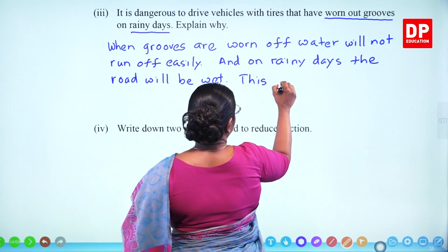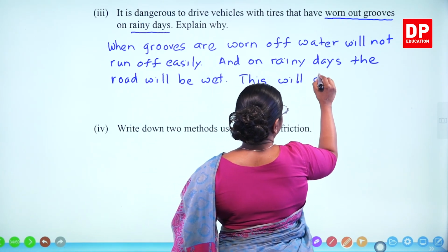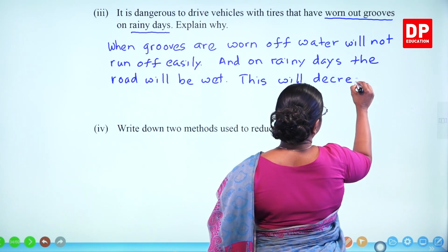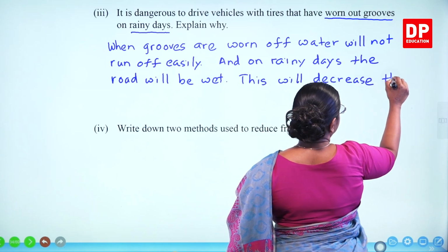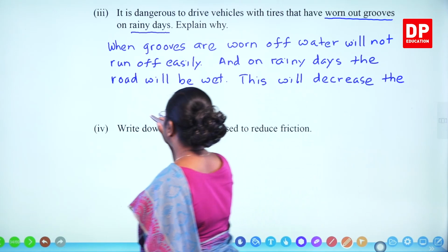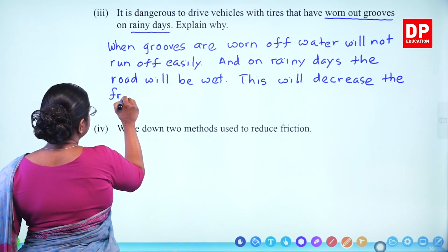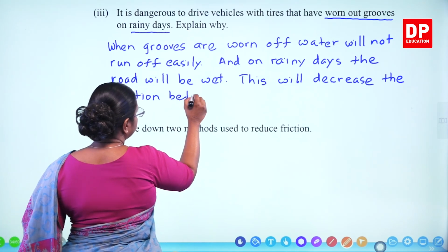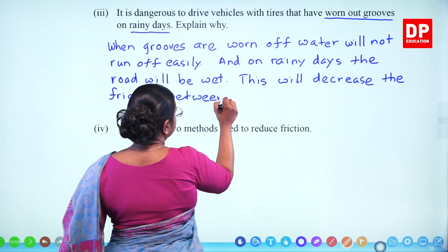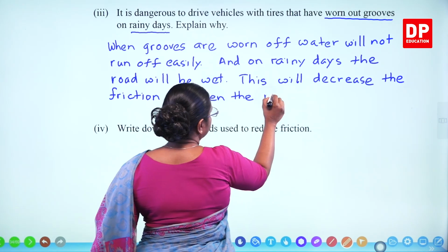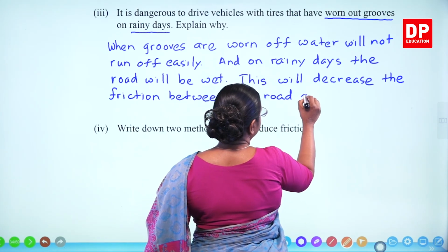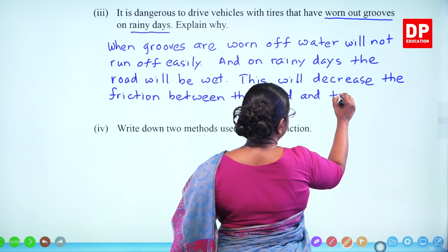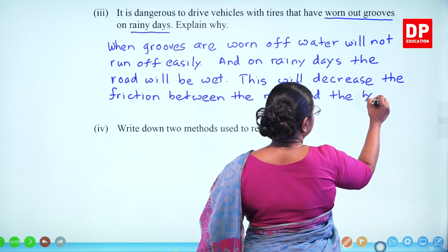This will decrease the friction between the road and the tire.